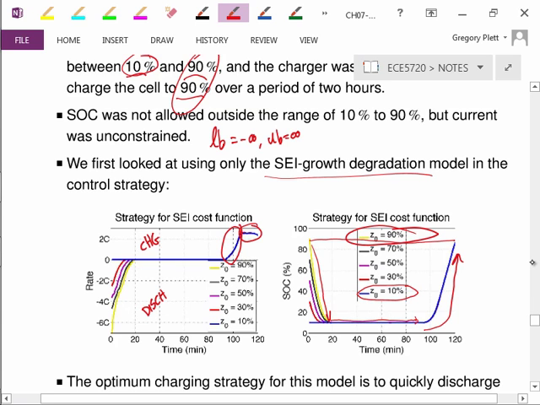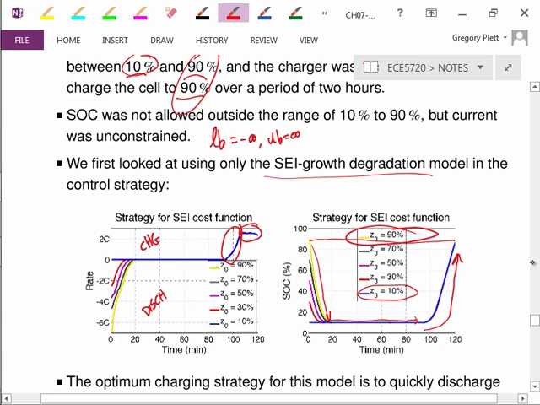Is the model of degradation right? If the model of degradation is right, then this is the right thing to do. If the model of degradation is wrong, then I have to start over and make a new model of degradation and try again. But it's still a very interesting result. And you have to ask yourself, even if this is the right result, is this what I want to do?